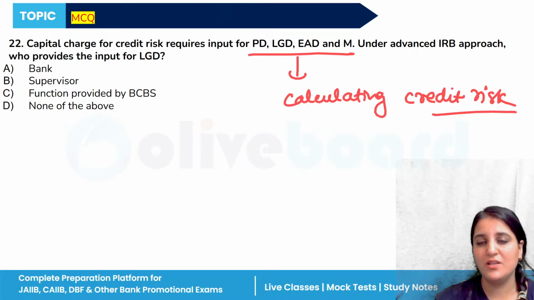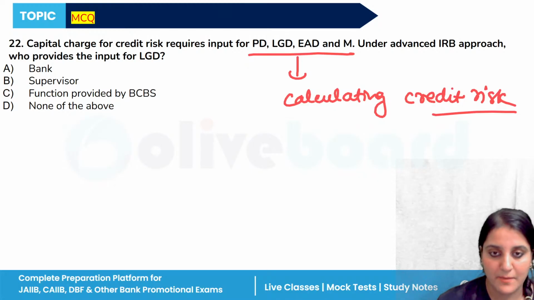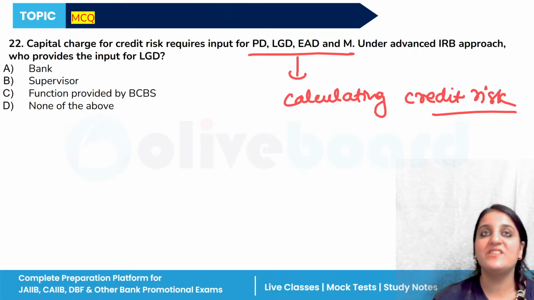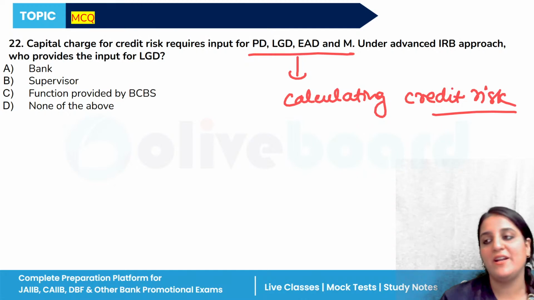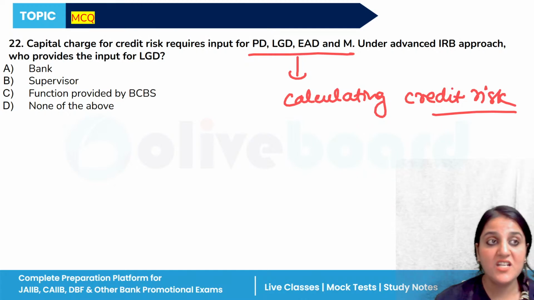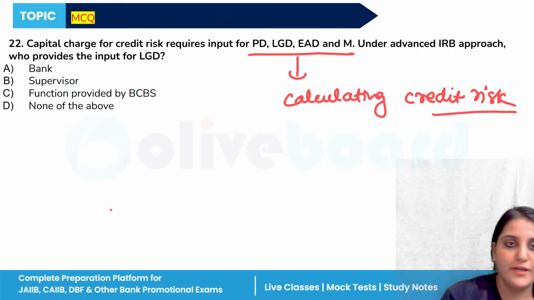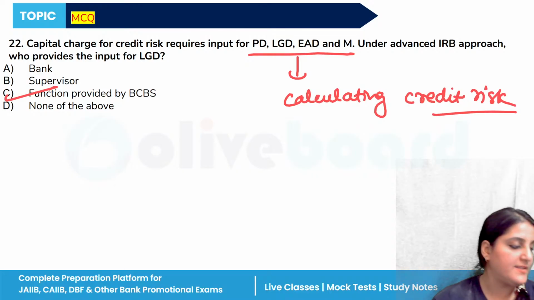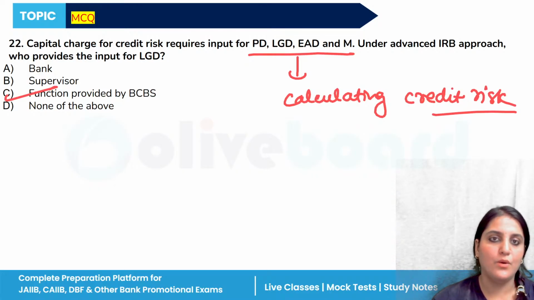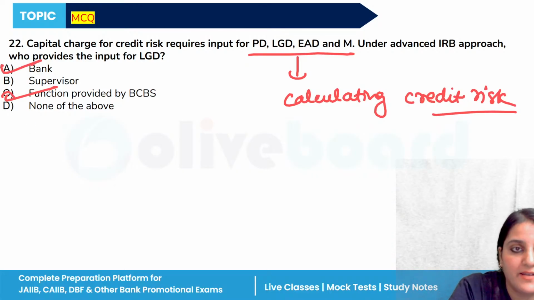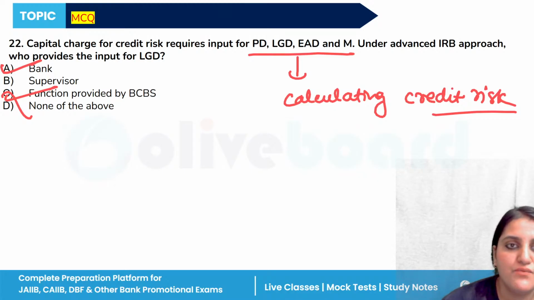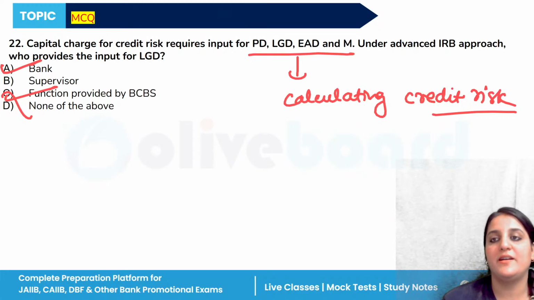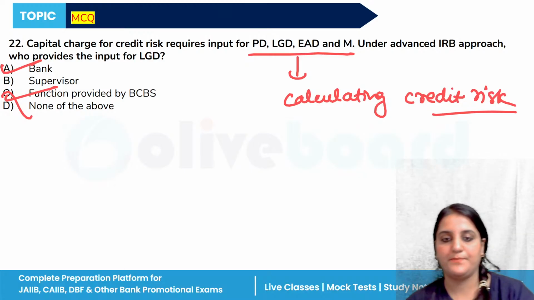The BCBS committee provides guidelines and frameworks for the advanced IRB approach, and it does not directly provide the input for LGD. So here the option that says bank is correct. Who provides the input for LGD? The bank provides the input for LGD.